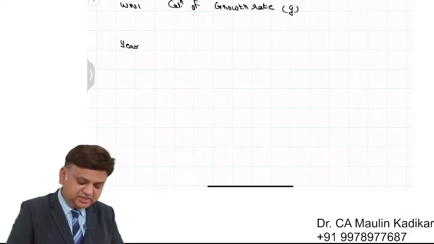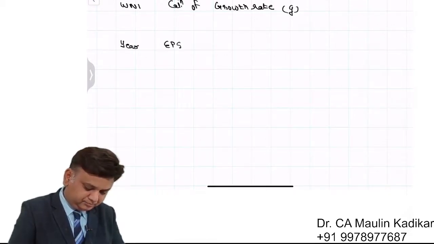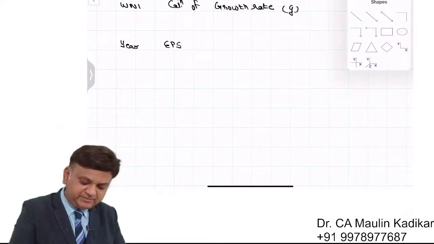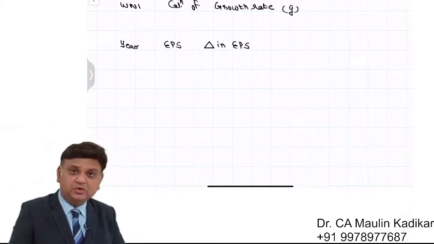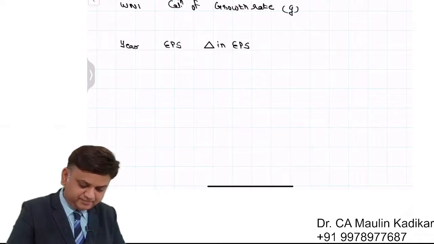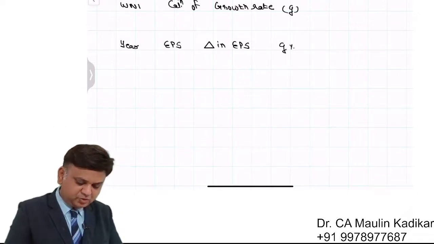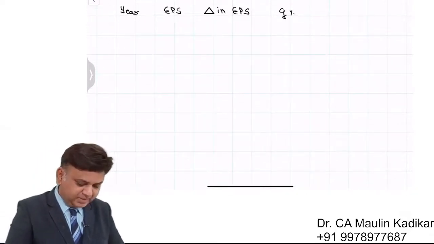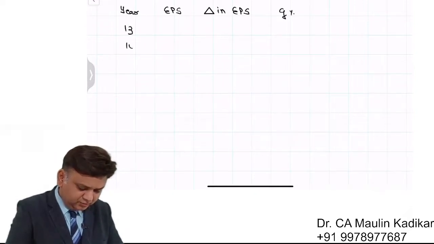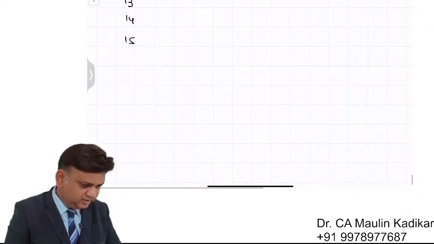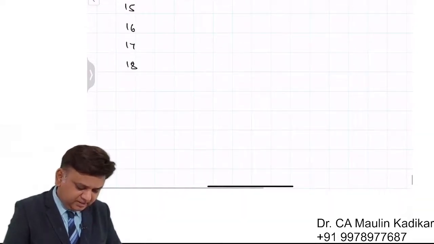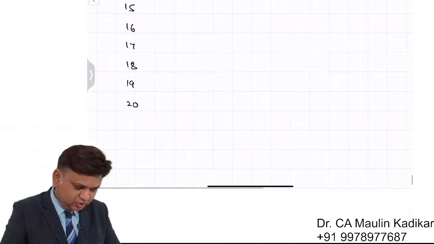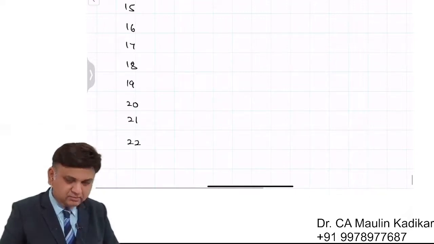Column number 1 is year. Column number 2 is EPS. Third column is change in EPS. And the last column is growth rate. Year 2013, 14, 15, 16, 17, 18, 19, 20, 21 and 22.